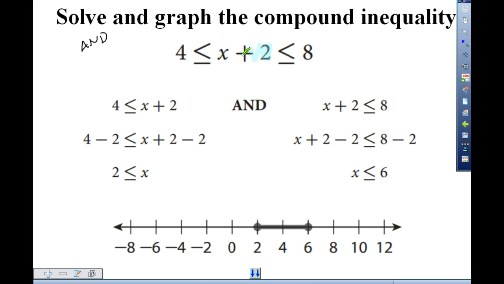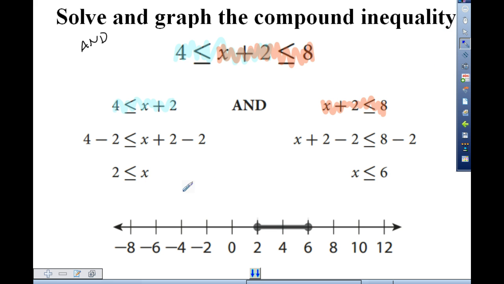We take this inequality, 4 is less than or equal to x plus 2, and solve it. Then we also take this inequality, x plus 2 is less than or equal to 8, and solve that. You break it up into two inequalities, solve them, and then at the very end put the answers back together.